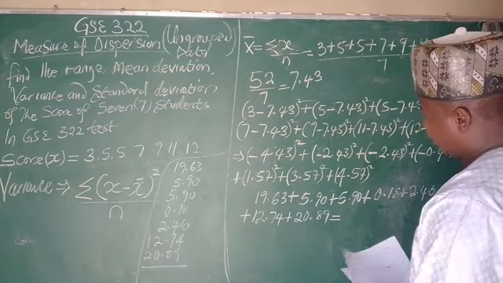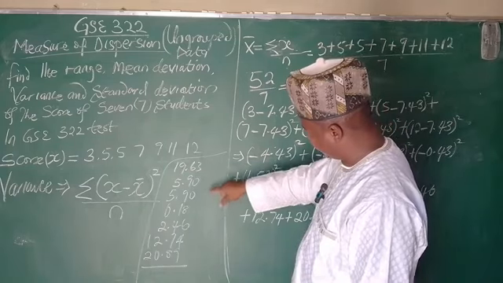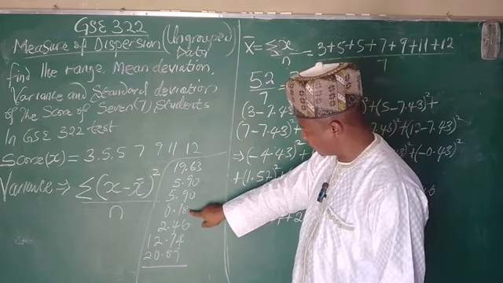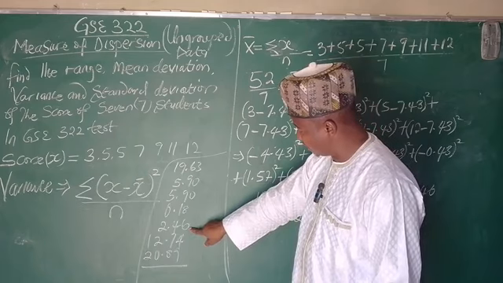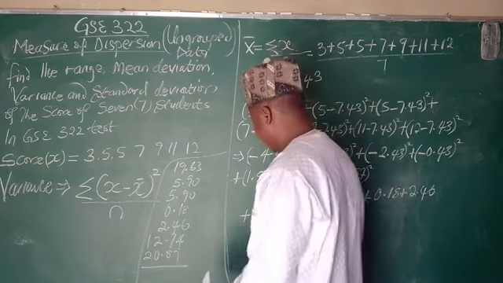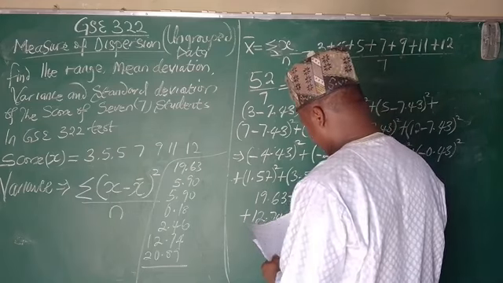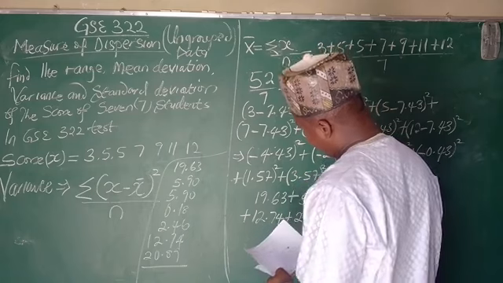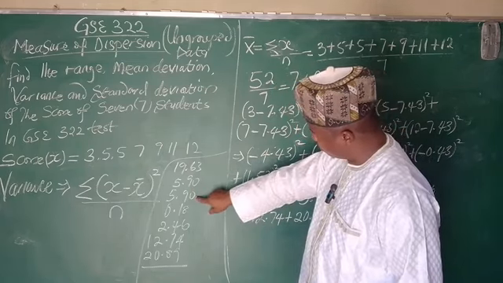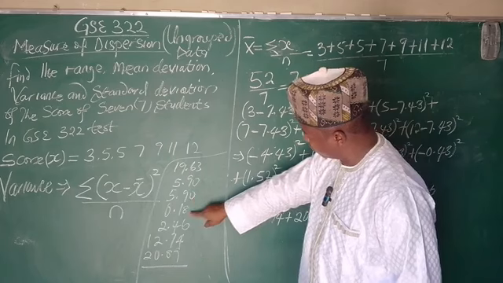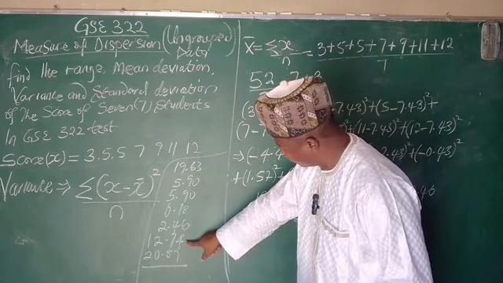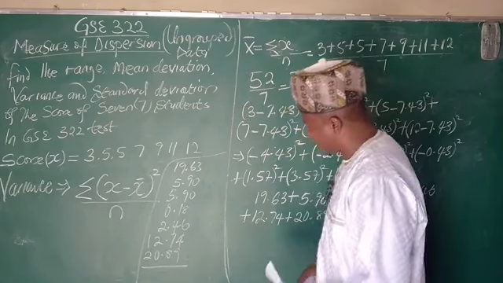At the end, the summation: 3 plus 0 is 3, plus 0 is still 3, plus 8 is 11, plus 6 is 17, plus 4 is 21, plus 9 is 30.